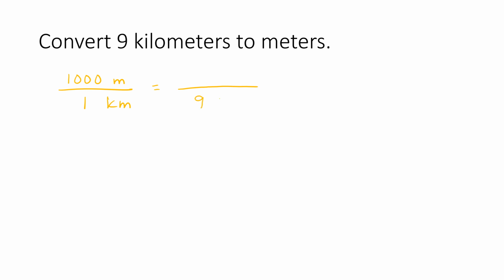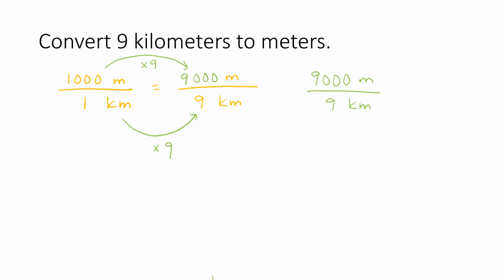I want to get to 9 kilometers and figure out how many meters are in 9 kilometers. So to go from 1 kilometer to 9 kilometers, I multiply by 9. So I will also multiply 1,000 meters by 9. I get 9,000 meters. There are 9,000 meters in 9 kilometers.